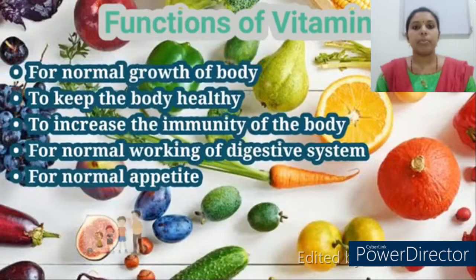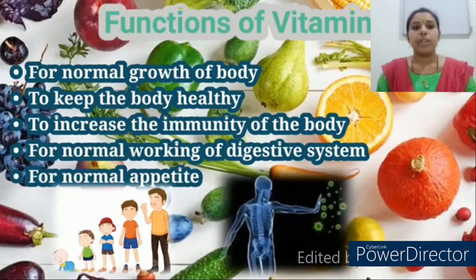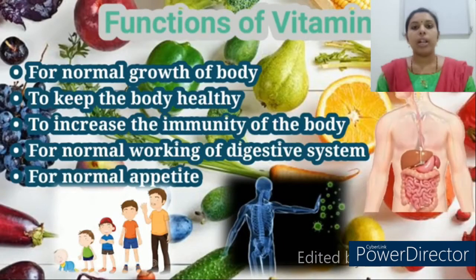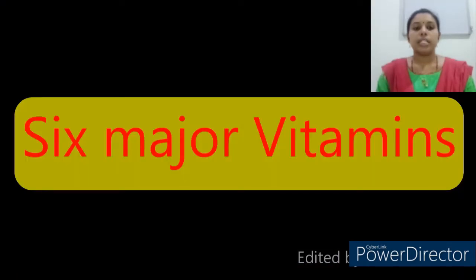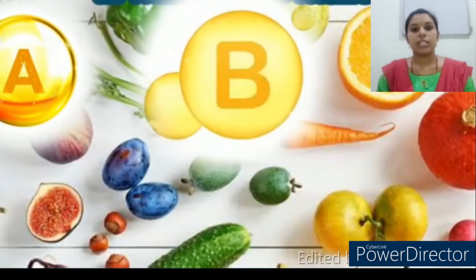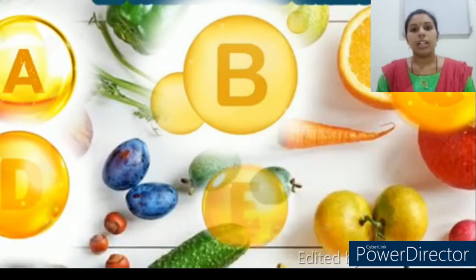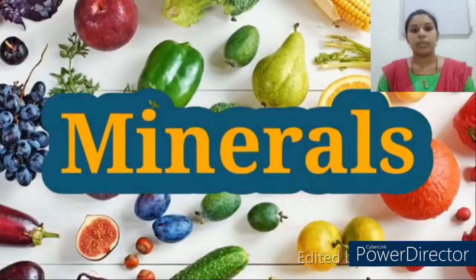We need vitamins for normal growth of our body, to keep the body healthy, to increase the immunity of the body, for normal working of digestive system, and for normal appetite. Six major vitamins are vitamin A, B, C, D, E, and K.